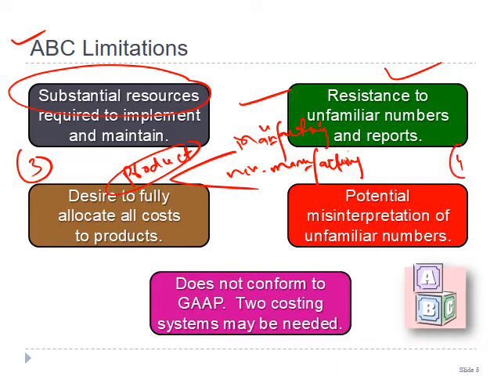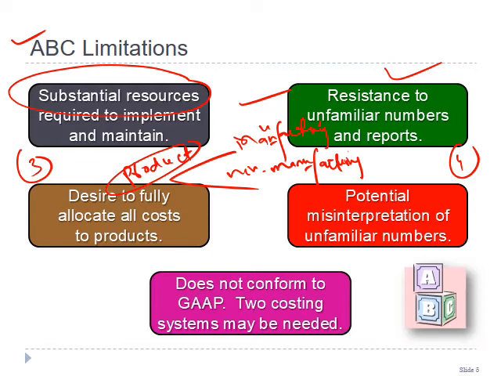The fourth one is potential misinterpretation of unfamiliar numbers. Managers are not accustomed to managing their operations using product margin numbers, right? Because it produces product margin rather than net operating margin.